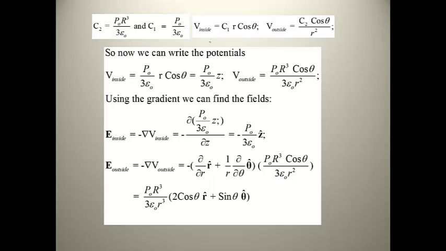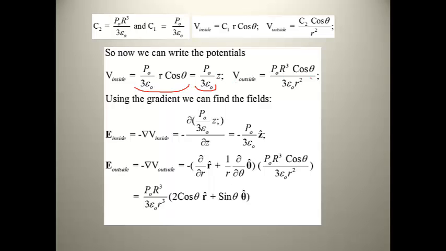Given that, we can take our equations for V inside and V outside and put in the expressions we've determined. V inside is equal to this quantity here times Z. So it's a linear function in the Z direction.